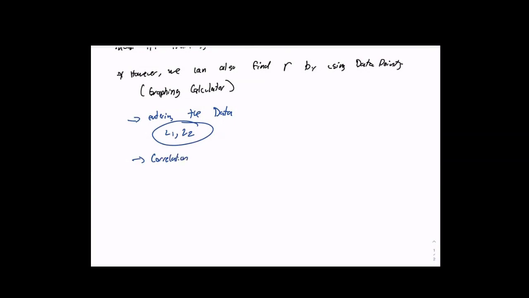Correlation is a measure of strength for the linear relationship.